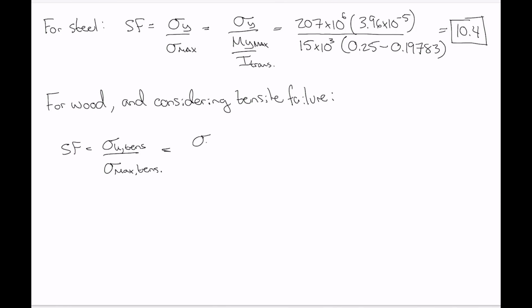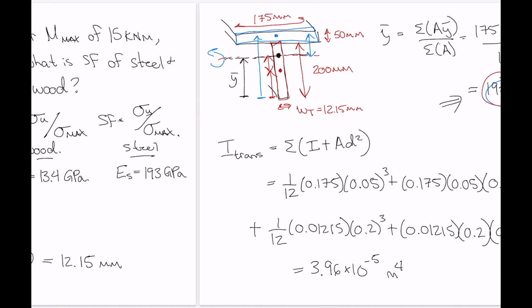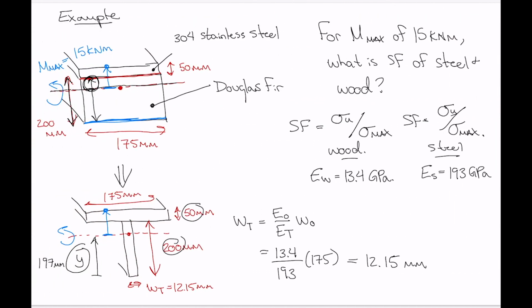So we've got sigma u tension divided by M times y max over I for the transformed beam. And here's the spot where we have to remember that we're calculating the stress in the material that was transformed.